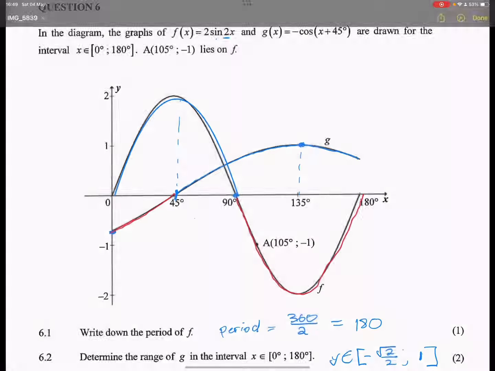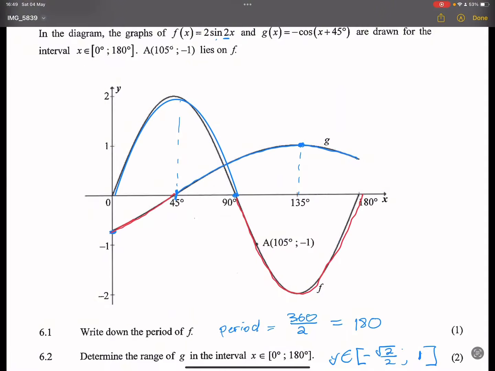If we look at the graph of f, actually they've done that for us. It is -1 at 105, but can you see it would be -1 over there as well? This value is at 105, which is 15 degrees away from 90 degrees, so 90 plus 15 gives me 105.